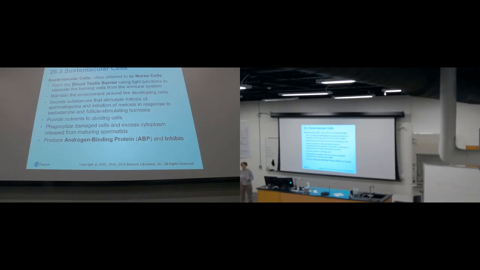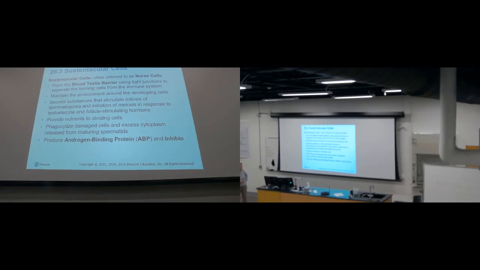This is necessary for the sperm cells to be produced, and LH, which is luteinizing hormone, helps for the production of testosterone. So there are several factors needed for the formation and protection of sperm cells. And the nurse cells are called nurse cells because they provide nutrients as well for these dividing cells.